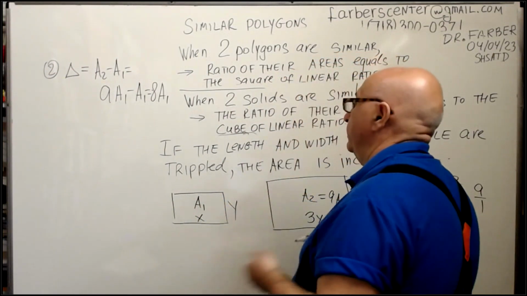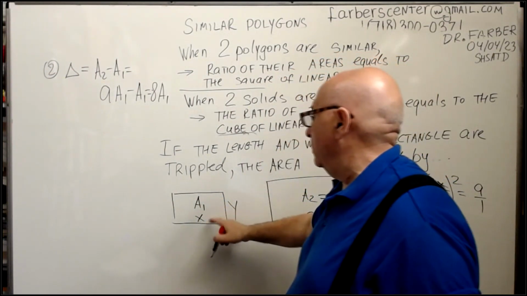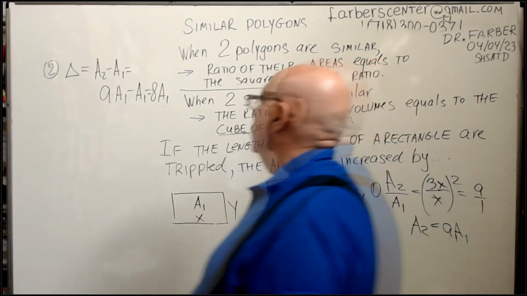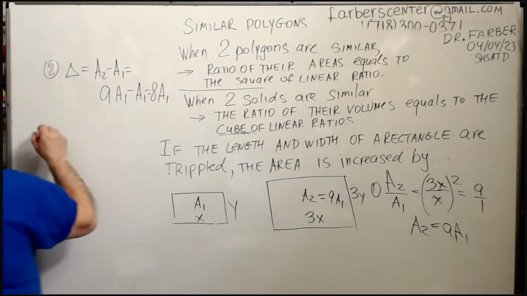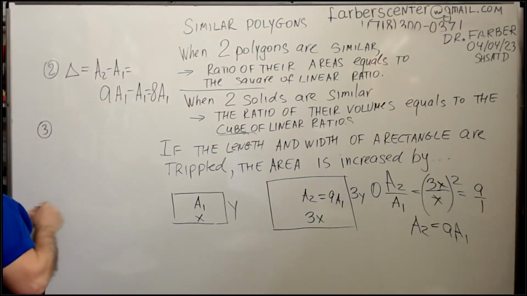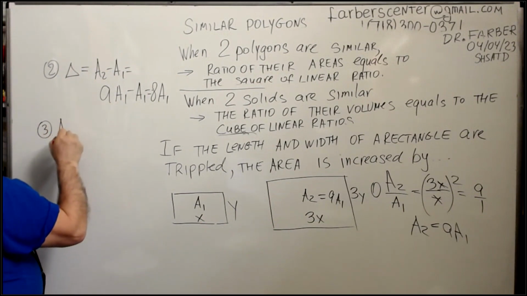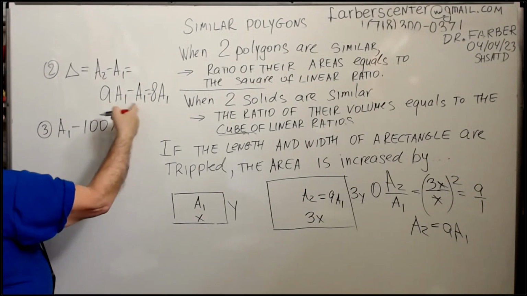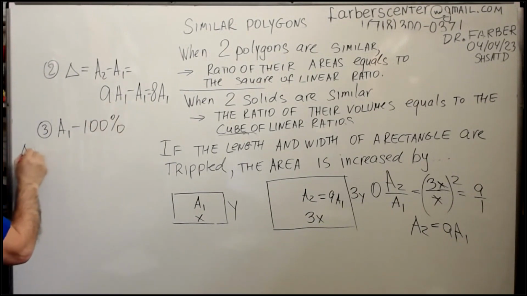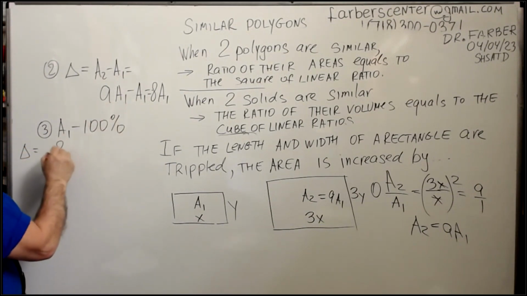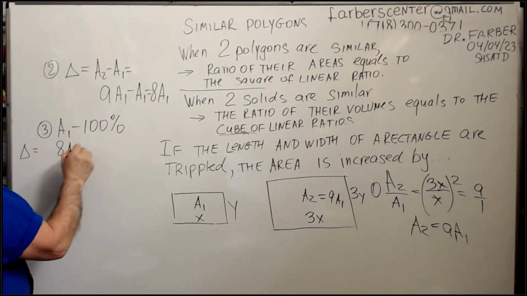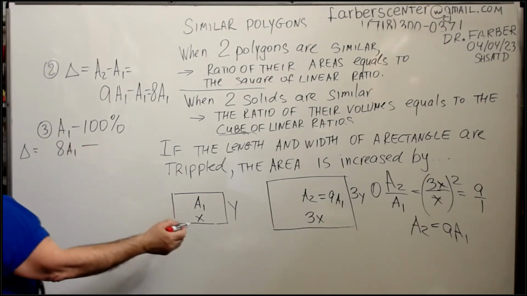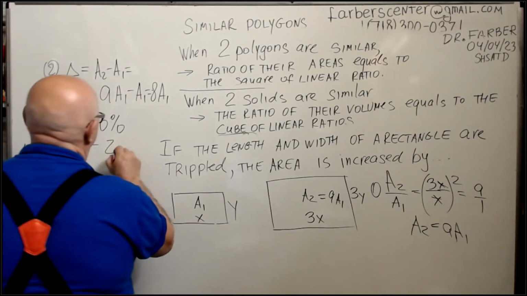Now, how to find percentage increase? This is the original initial value, right? Step number 3. Initial value A1 is 100%. And this is my delta, which is 8A1. I have no idea, I can use X and Y but X and Y are taken, so I use Z.